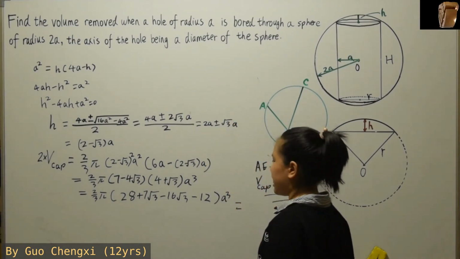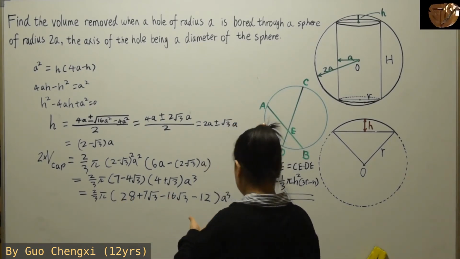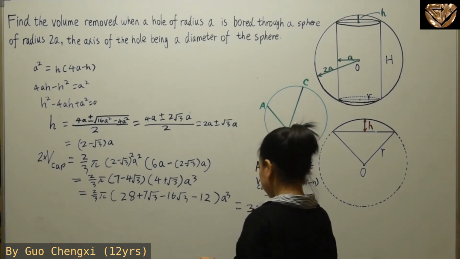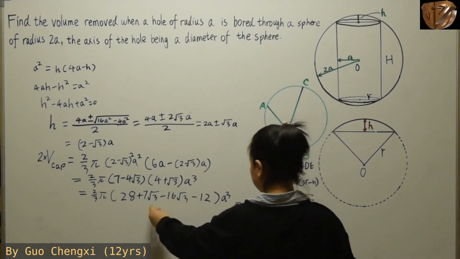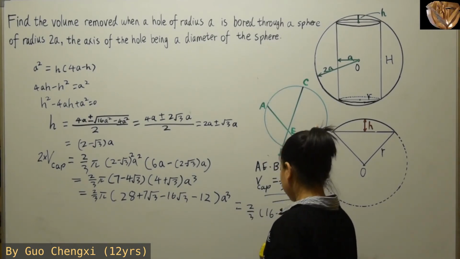And then here you're going to end up with, so these two you minus, you get 16, and then after that these two you minus, you're going to get negative 9 square root 3.